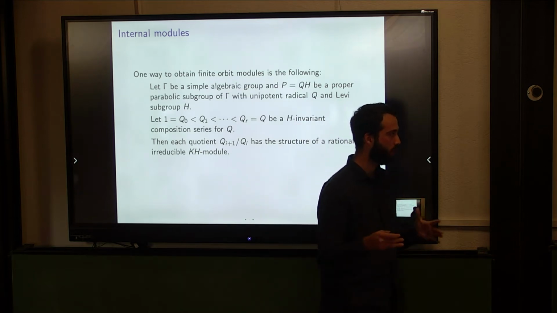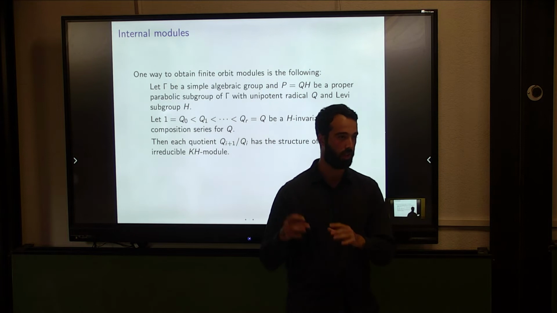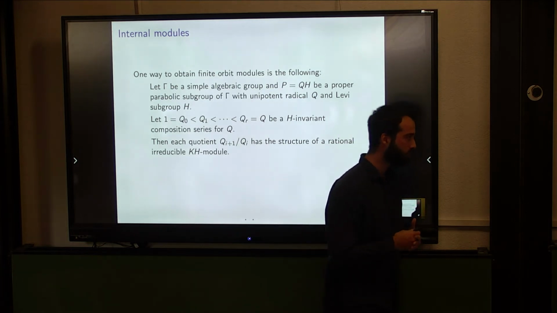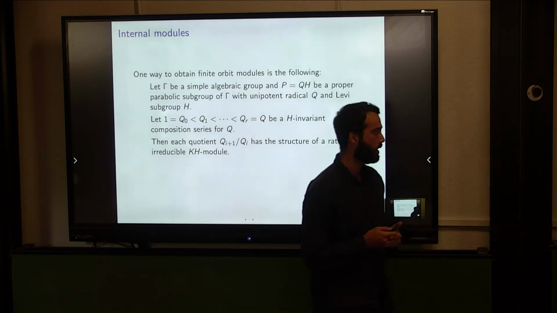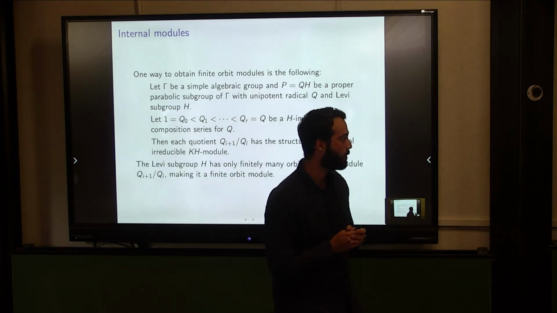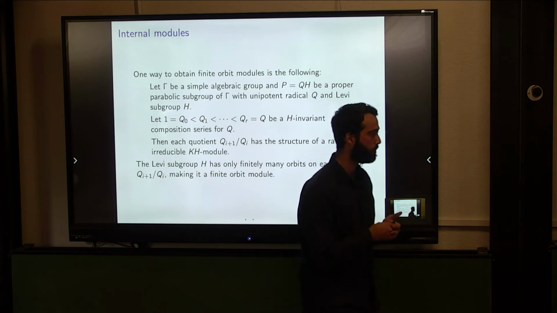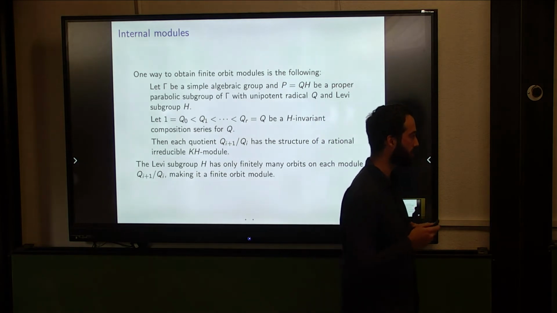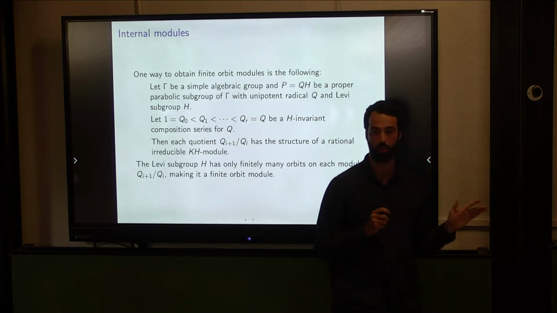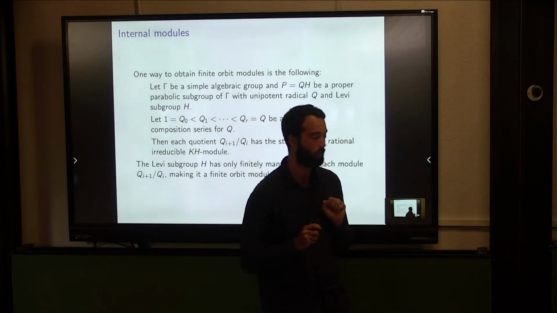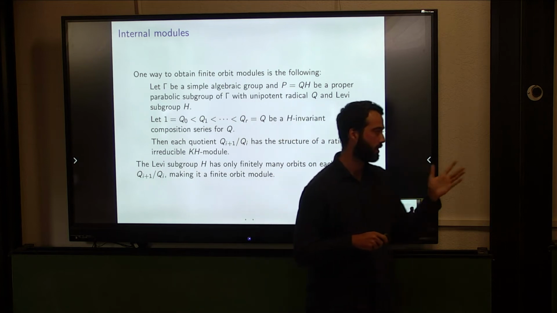So this is a nice way to take parabolics, take the Levi, and find some nice irreducible modules for the Levi. And the important thing is that there's a theorem, Richardson, completed by Alvarez, that says that the Levi subgroup has always finitely many orbits on each of these modules. So there are finite orbit modules.